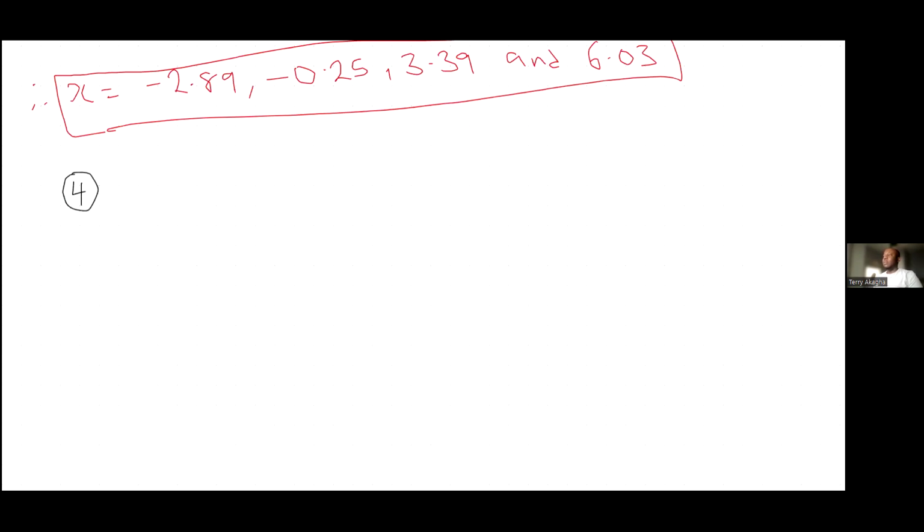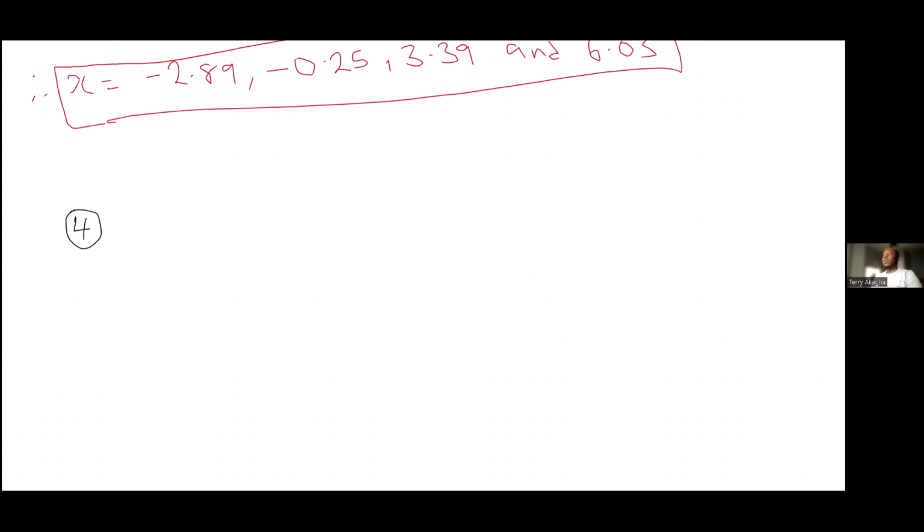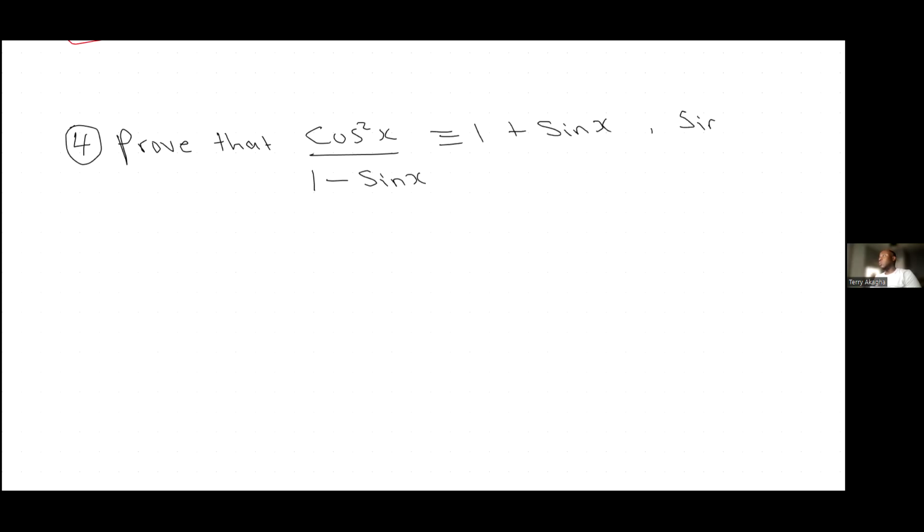Let's bring it a bit down. So number 4. We're told to prove that cos squared x divided by 1 minus sine x is the same thing as 1 plus sine x, and we have sine x is not equal to 1.